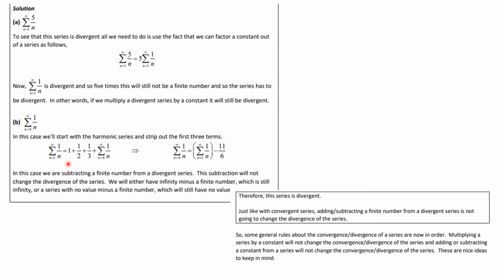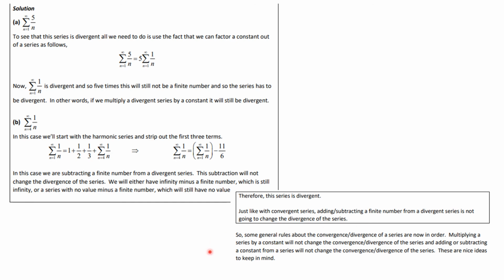In fact, you could have stripped out a whole bunch of terms, but this is going to be the tail, and the tail has to diverge, or else the whole thing wouldn't diverge. And so you conclude that those are divergent. And adding or subtracting a finite number from a divergent series doesn't change whether it diverges or not.